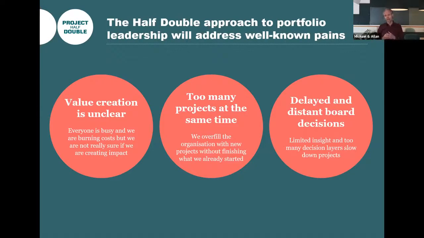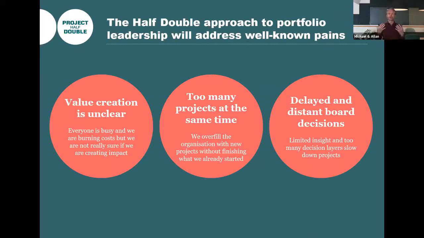The last pain that we usually see when we consult portfolio managers is that you would usually experience delayed and distant board decisions. So you might have a great interaction with your steering committee in the project, but then the steering committee will have to report to a board, and the board usually meets, let's say, once a month.